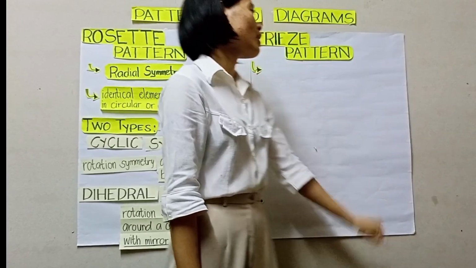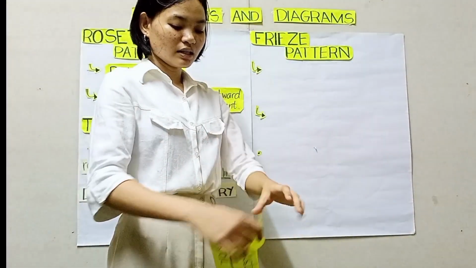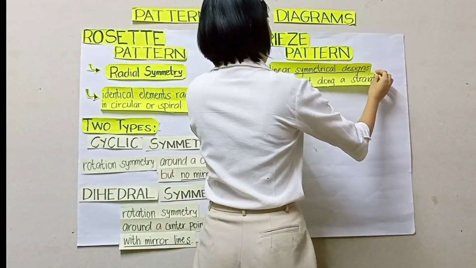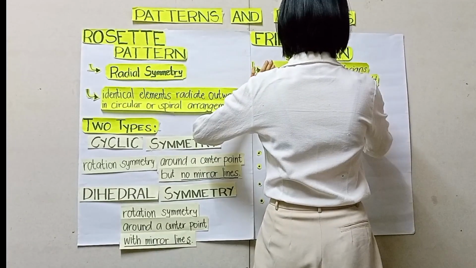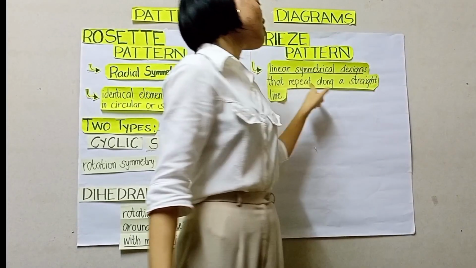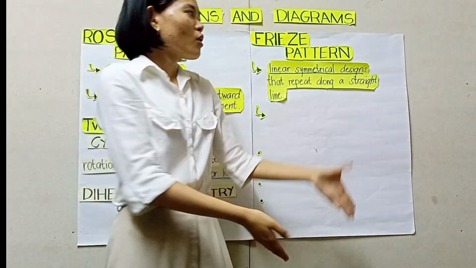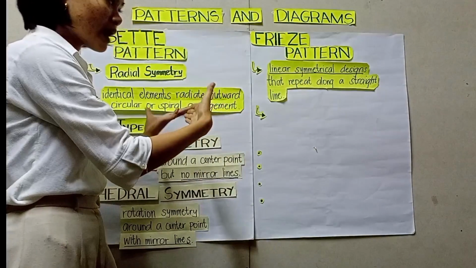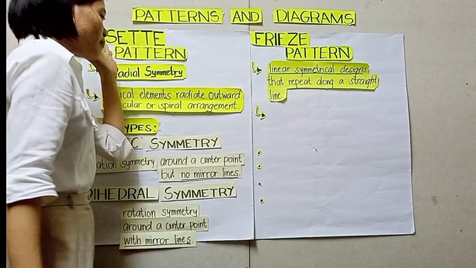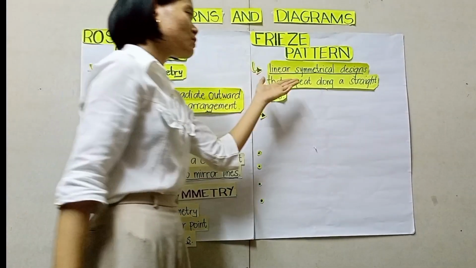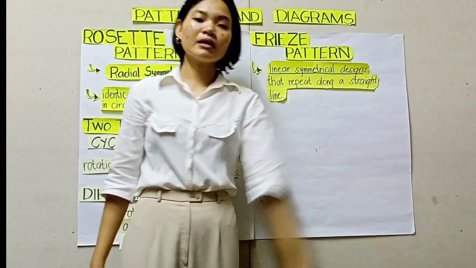When we talk about frieze patterns, it refers to linear symmetrical designs that repeat along a straight line. So going back to our first pattern, Rosette pattern is circular or spiral, while the frieze pattern is linear. What do you mean by linear?